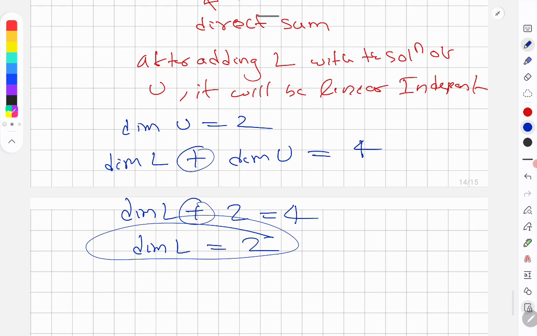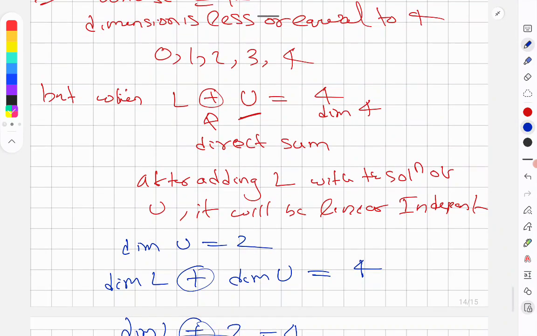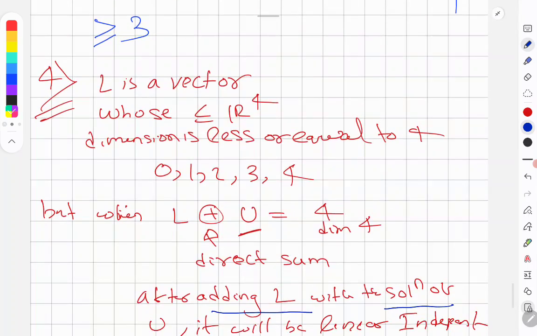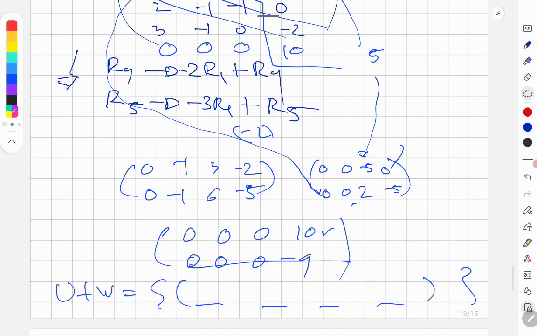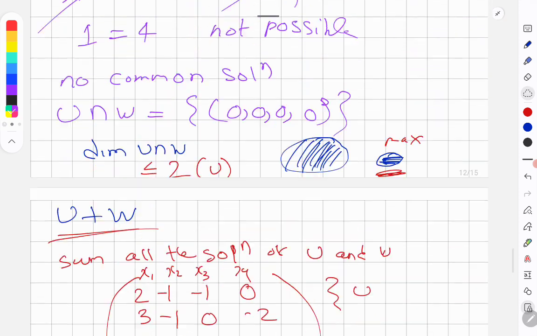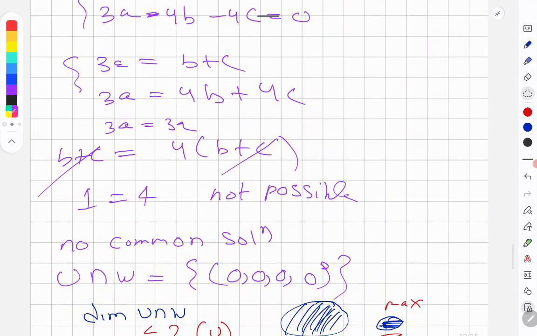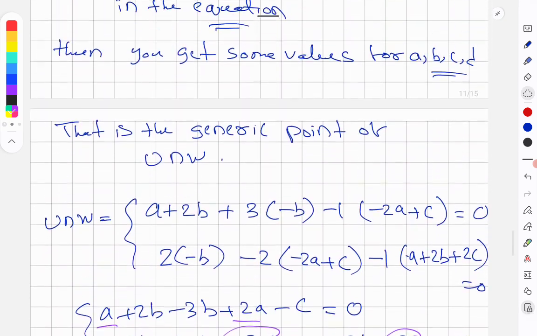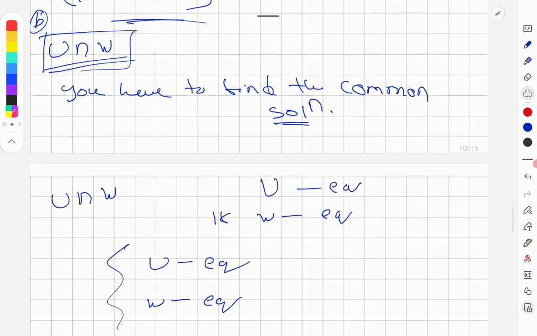Direct sum is like when you add L with the solution of U, it will be linearly independent. Let's see how. My idea to solve this kind of question is to just do it as fast as possible, because these are super easy questions.